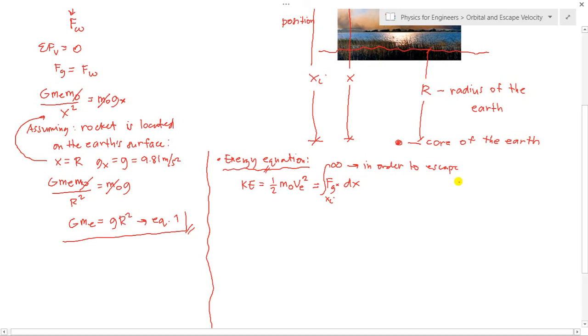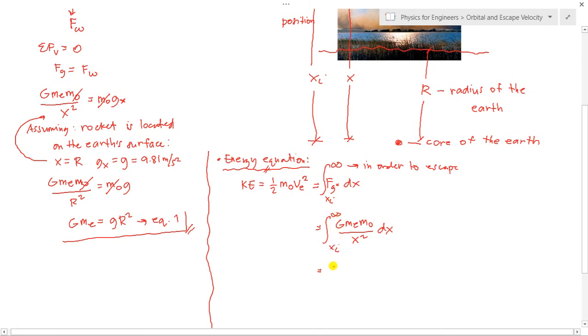Don't worry, since we assumed that the rocket never stops, meaning it will surely escape Earth's gravitational pull. So here we use integration, then we substitute the value of our force due to gravity, the gravitational force, that is equal to G mass of Earth mass of rocket all over x squared dx from the initial position until infinity.